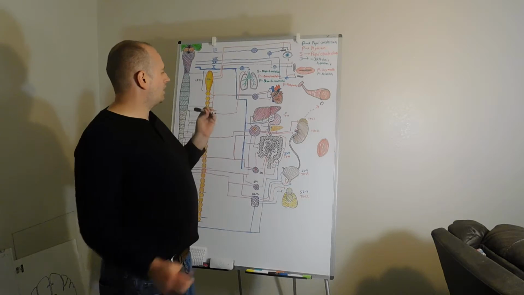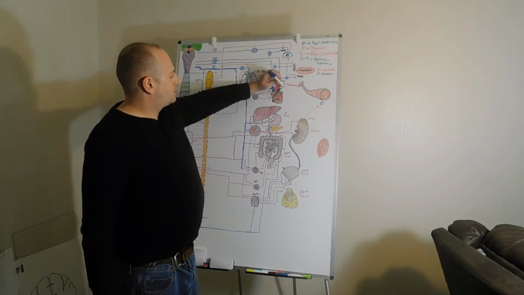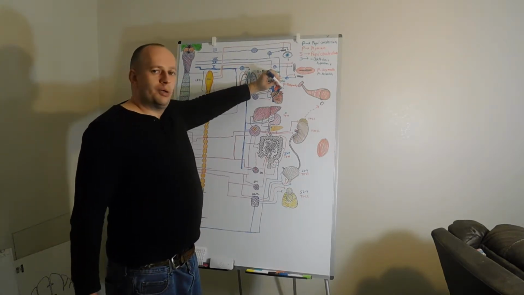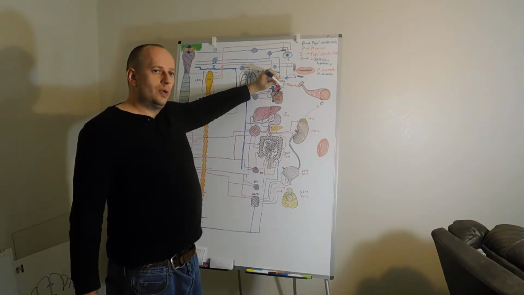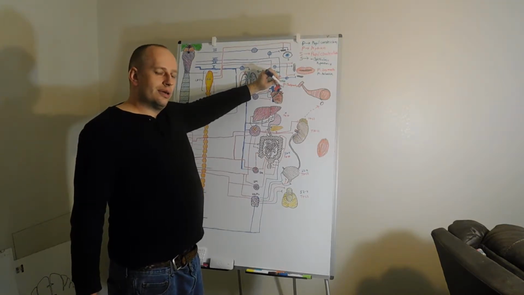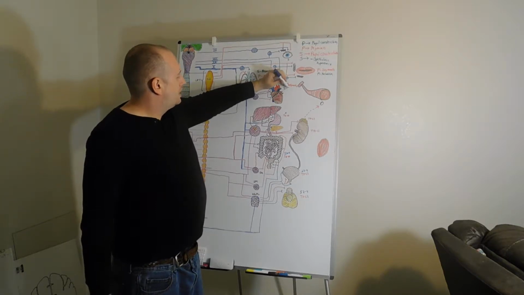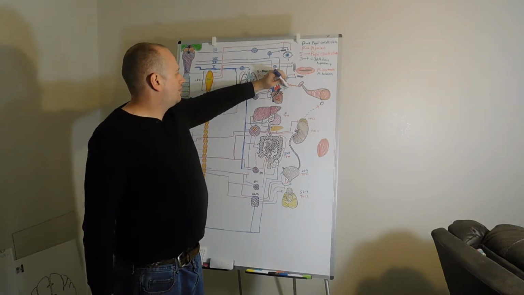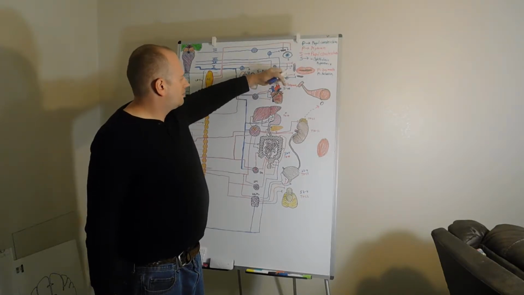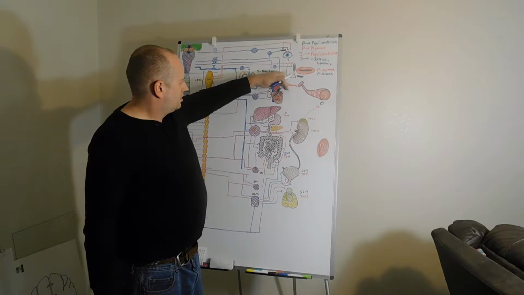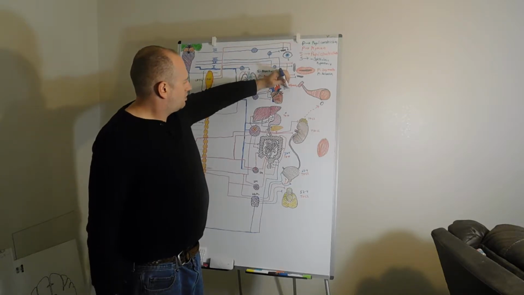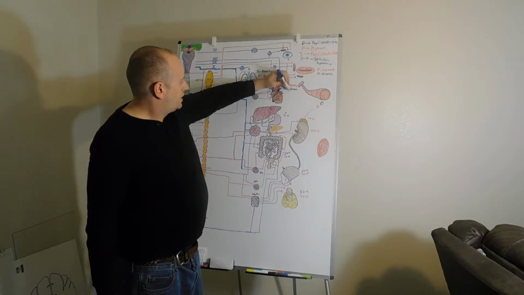So you have drugs like isoproterenol and dobutamine, which are agonists of the beta-1 receptor. That increases chronotropy, plus chrono, and plus inotropy.